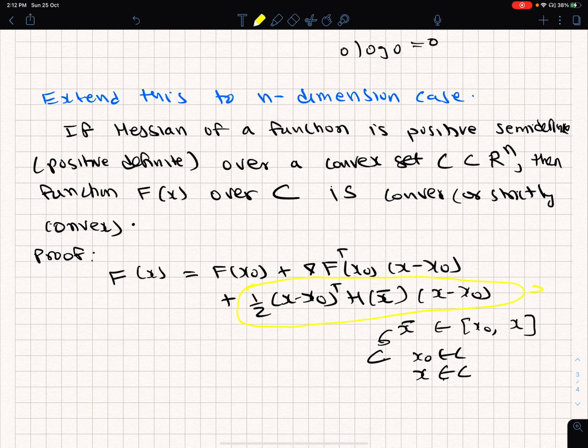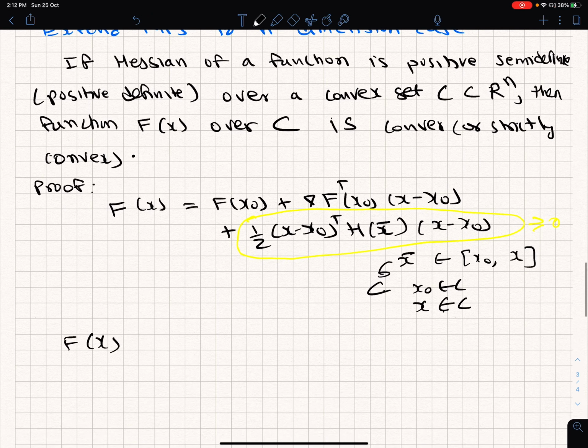Hence, over this convex set where the Hessian is positive semi-definite everywhere, I can write the inequality that f(x) is greater than or equal to f(x0) plus the gradient transpose of x0 times (x minus x0).